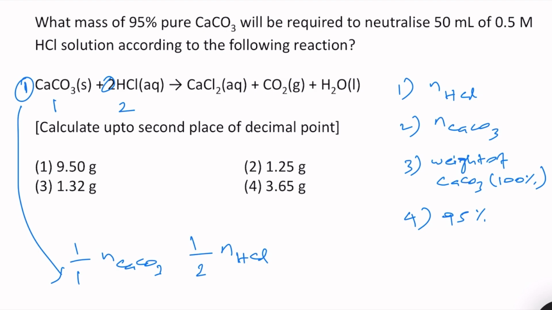These two we need to equate, and therefore number of moles of CaCO3 will be equal to 1 by 2 times number of moles of HCl. Number of moles of HCl we found was 0.025, and therefore number of moles of CaCO3 will be 0.0125 moles. That is the amount we will get.